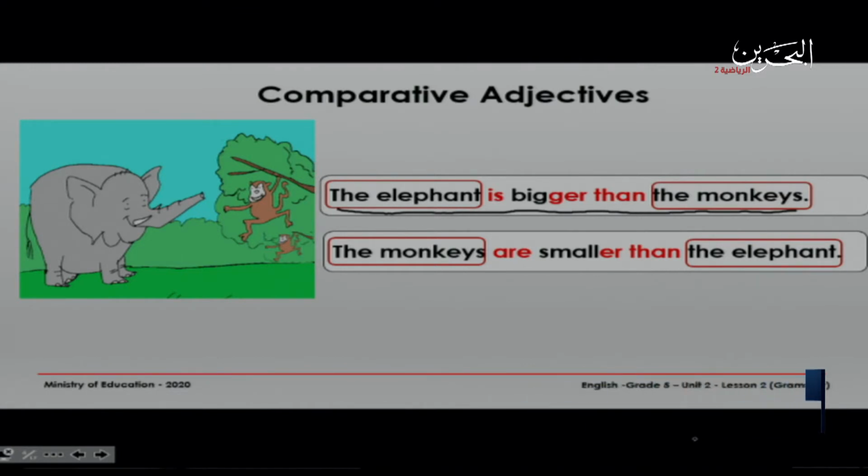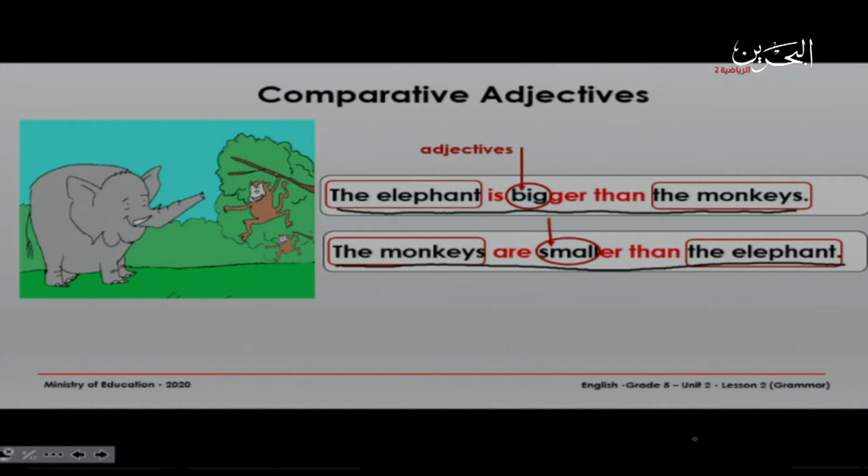To compare between two groups, you have to use adjectives. The adjectives here, we have big, and in the second example, which is the monkeys are smaller than the elephant. Here the adjective is small.